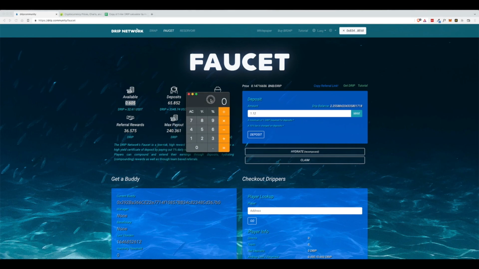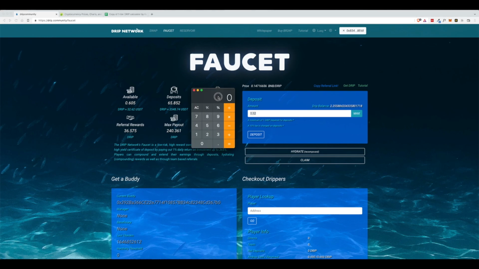So if this is your very first time with DRIP and you're coming to deposit for the very first time only, 1.12 is a really great way to start to ensure that you have enough in your deposits to receive that available 1% in daily returns.